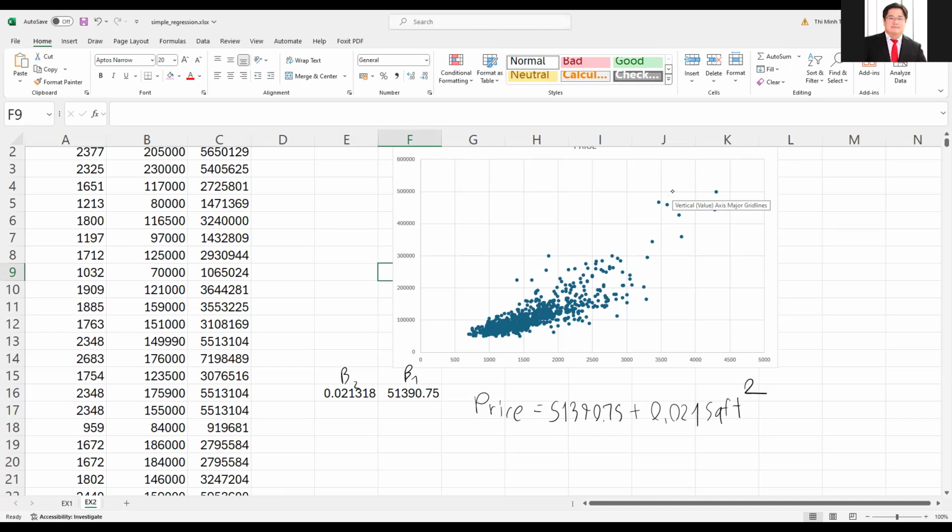So this is the meaning. Here is the constant, here is the slope. We do not need to do very complicated mathematics, right? Just use this formula.